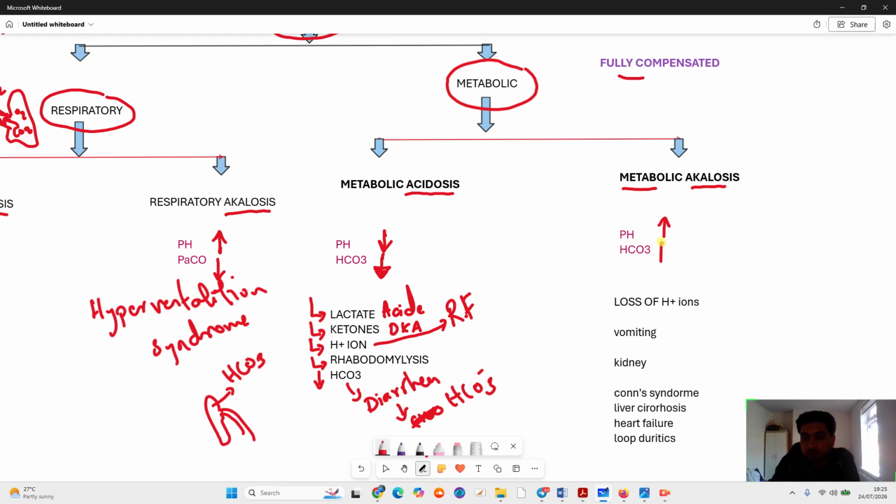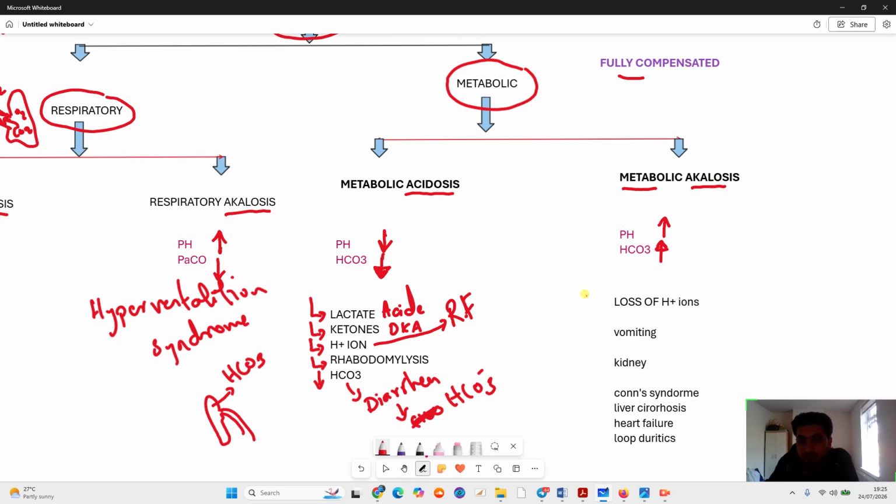What will happen to bicarbonate? The bicarbonate will be raised in the body, because the function of the bicarbonate is neutralization of the hydrogen. So in metabolic alkalosis, pH and bicarbonate will be increased.